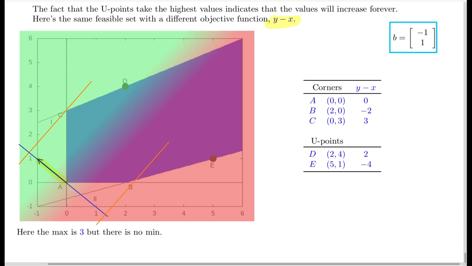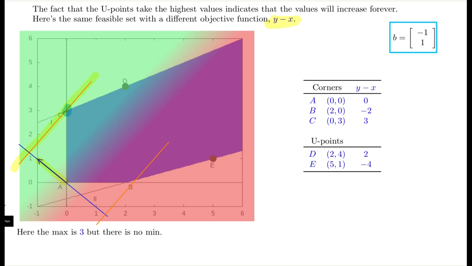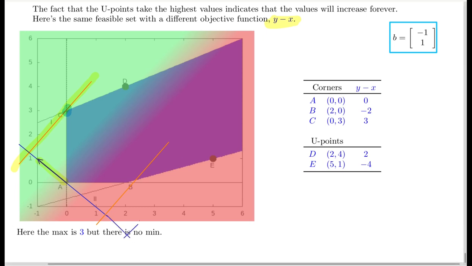Now, if you're looking at the same unbounded feasible set, you can see that there's a maximum over here, corresponding to this point. But there's no minimum, because this feasible set can go infinitely far out in the opposite direction to the objective vector.